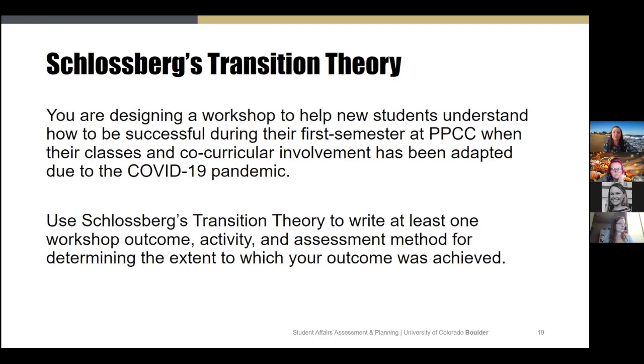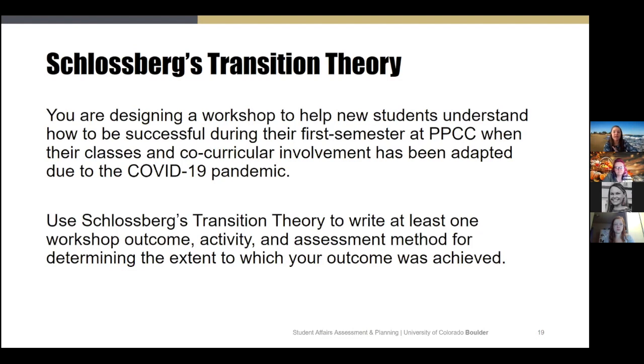So you're going to use this theory to write at least one outcome for the workshop, at least one specific activity that you would do in the workshop, and at least one assessment method for determining the extent to which that activity achieved that outcome. And you're going to tie that to Schlossberg's theory.